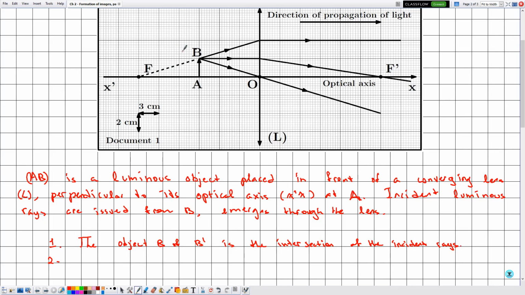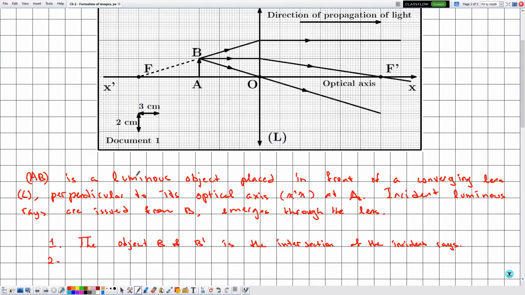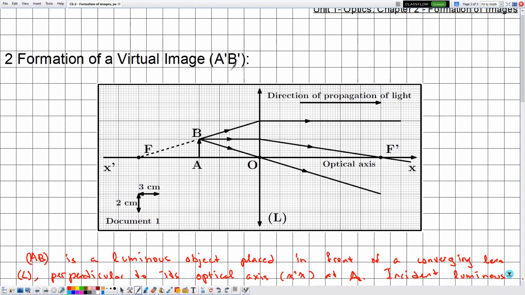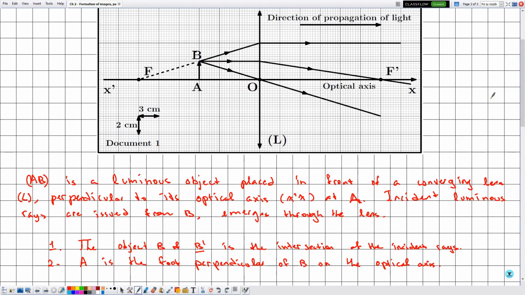And idea number two is that the point A represents the foot perpendicular of B on the optical axis. Then let's say A is the foot perpendicular of B on the optical axis. And here the point B prime, from the title, represents the image. Image of which point? Of the object B.